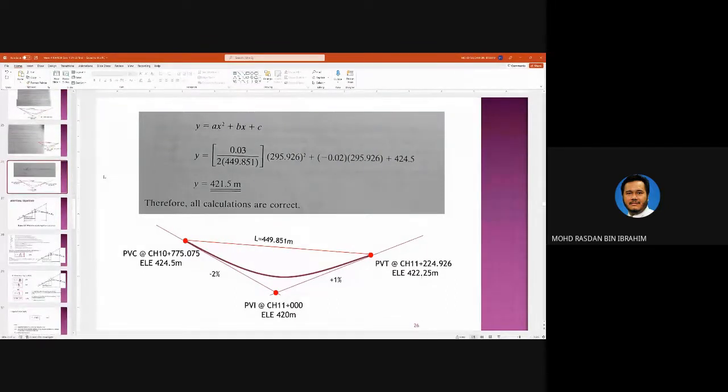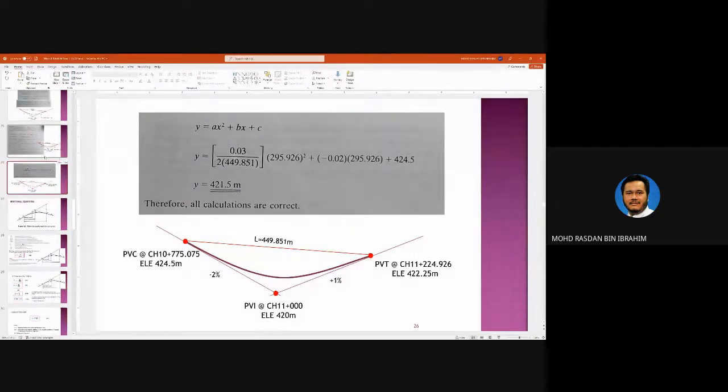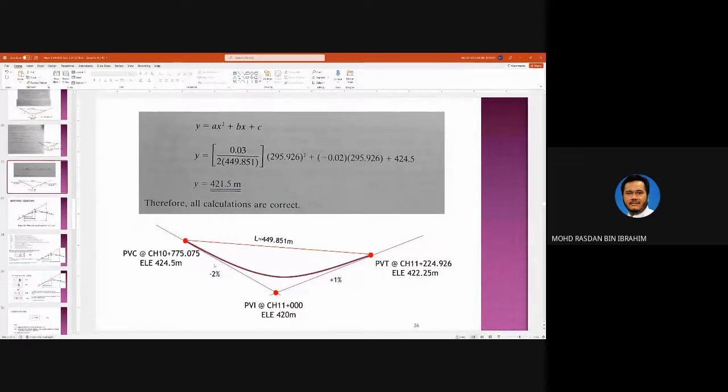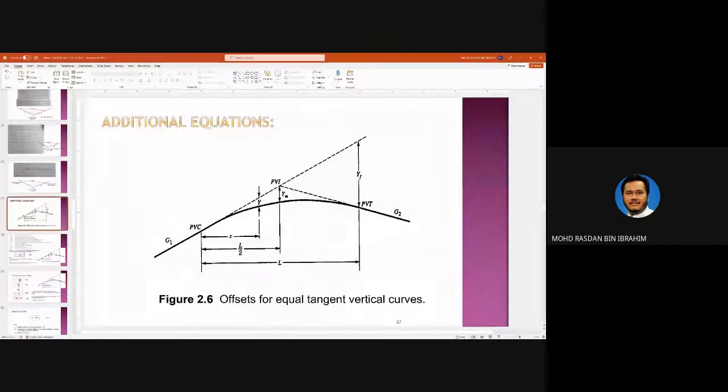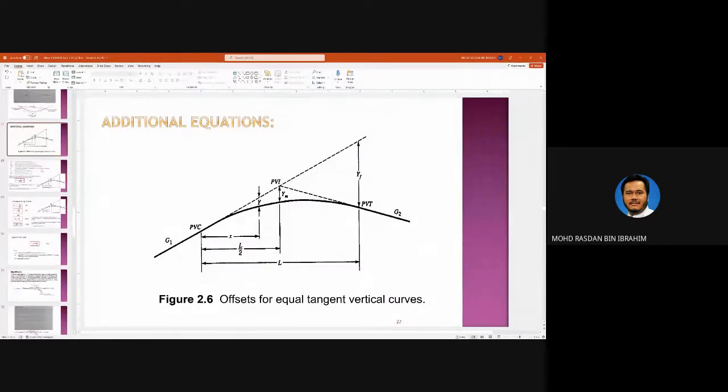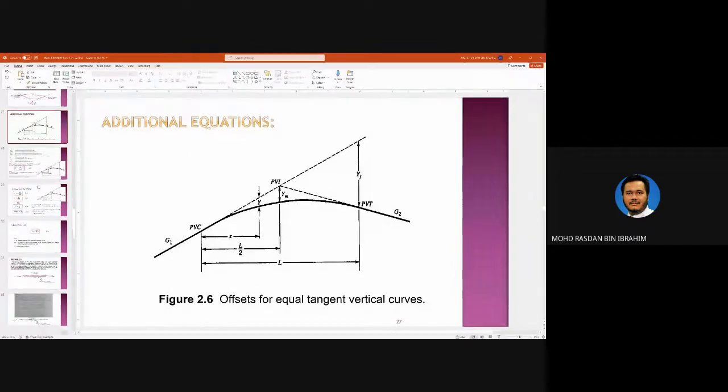Okay, so this is how we use the formulas to try to fit our curve into an existing roadway. All right. So there are some other additional equations that we are going to use.